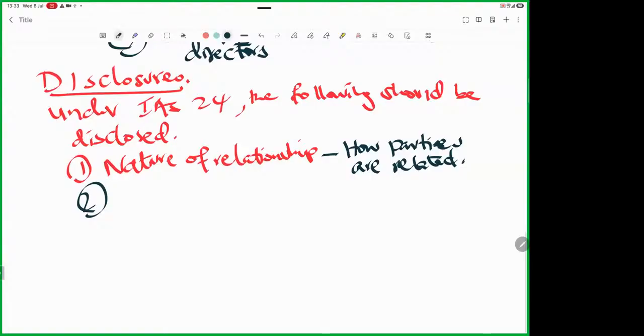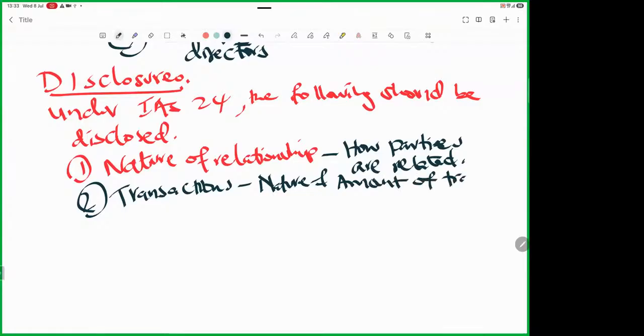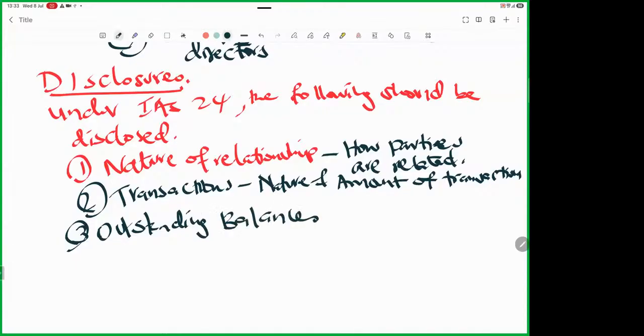Number 2, transactions. For the transactions you must give us the nature and the amount of transactions, very important. Number 3, outstanding balances at the end of the year. Very, very important. Number 4, you must give us the terms and the conditions.